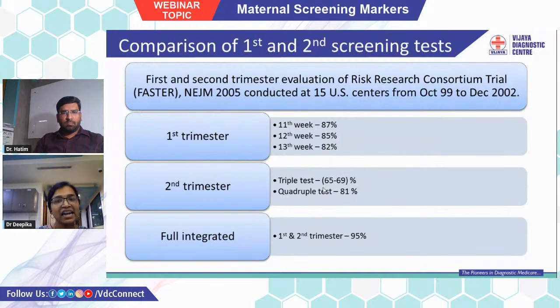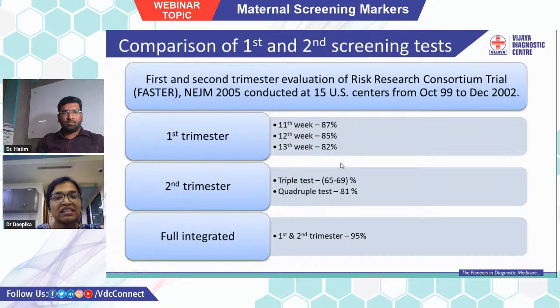So there was a trial conducted in the US for a period of 3 years, where they compared both first trimester screening and second trimester screening. When these screenings were done individually, when only first trimester or second trimester screening was done, the detection rate of these chromosomal abnormalities is up to 80 to 85%.